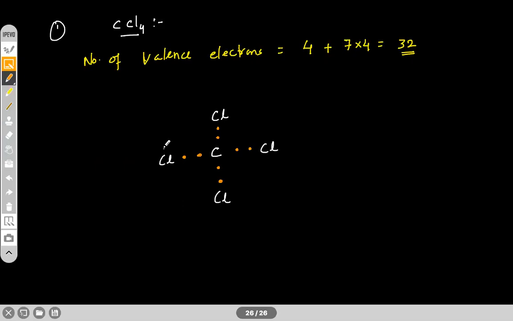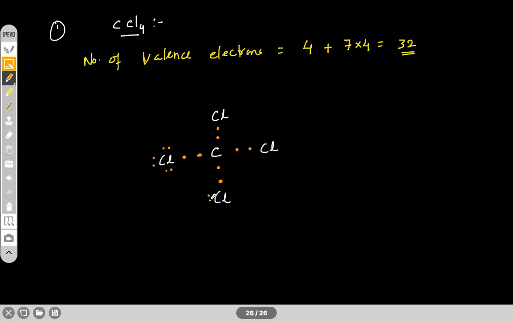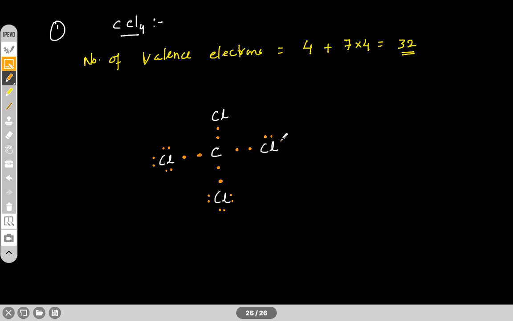Out of 24 electrons, 6 electrons I'll place here, and this chlorine octet is complete. For this also we'll do the same thing. We are left with 12 electrons after this, right? Out of 12, 6 electrons will be placed here. We are left with 6 more electrons, and the last 6 electrons will be placed on the last chlorine, and this is the distribution of electrons. This is a very basic example I have done. Now, if you draw this, you see the octet of all the atoms is complete.